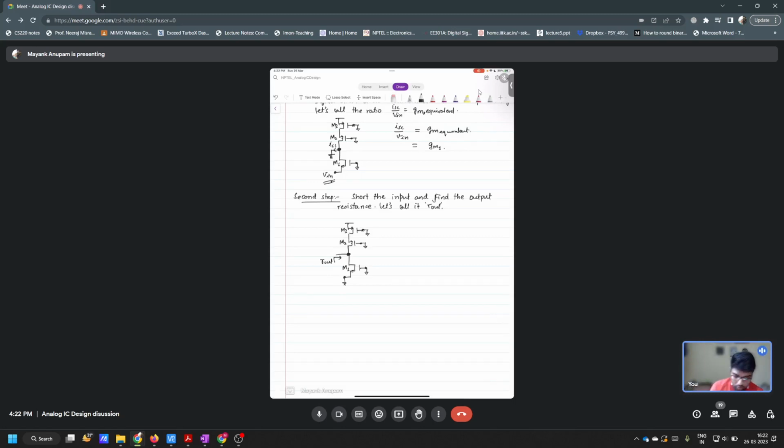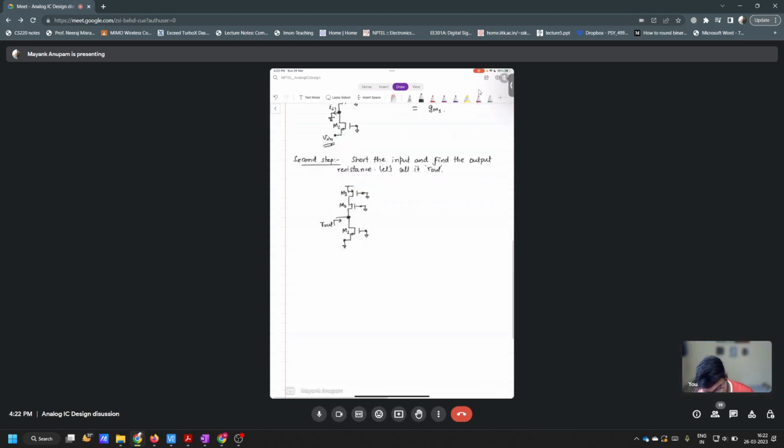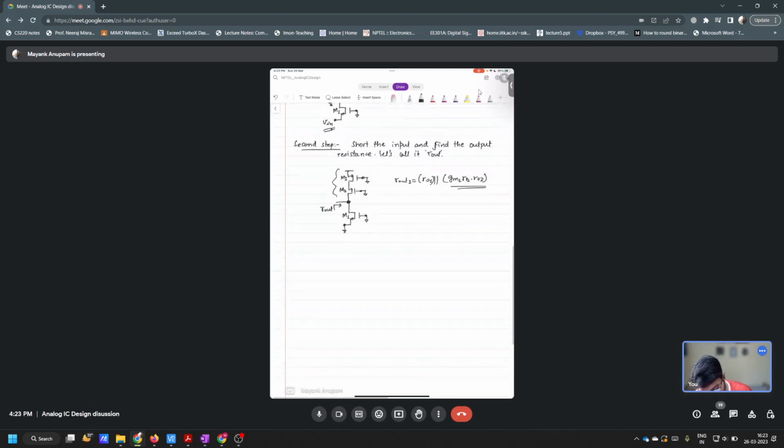So what will R out be in this case? RO1 parallel the cascode of this, which is approximately GM2 times RO2 times RO3. Fine, so that is R out.